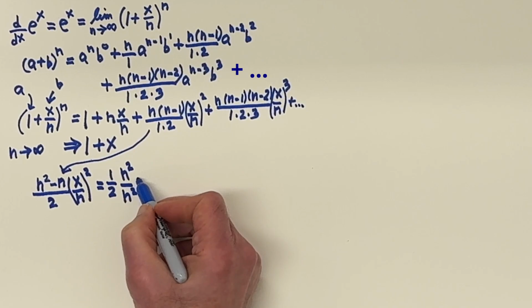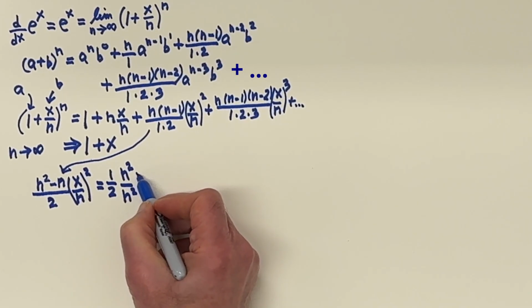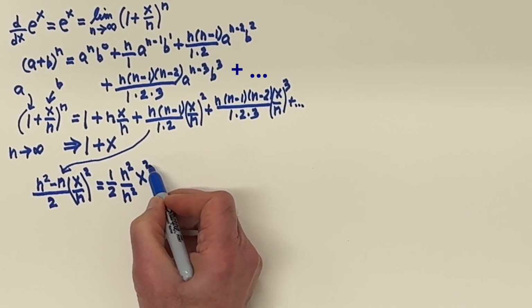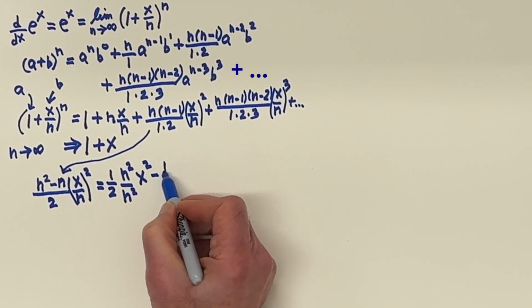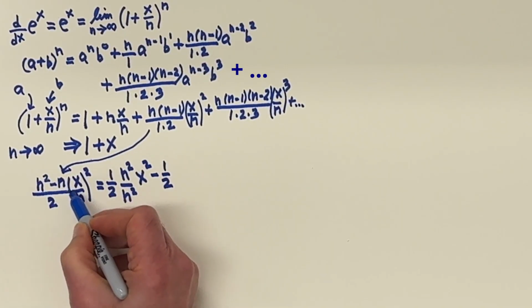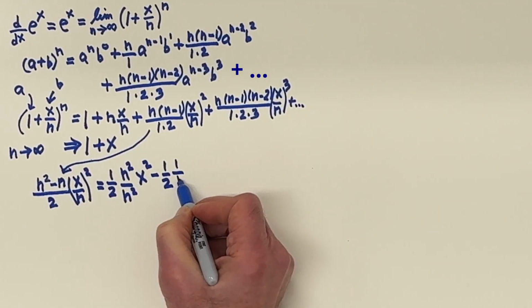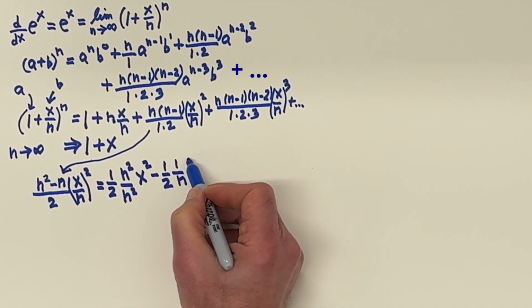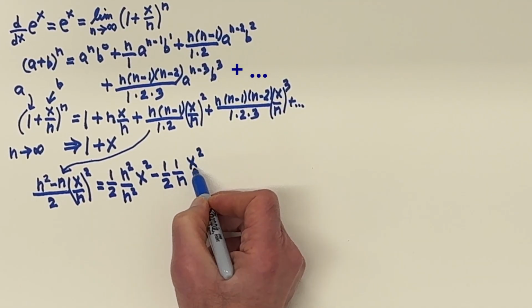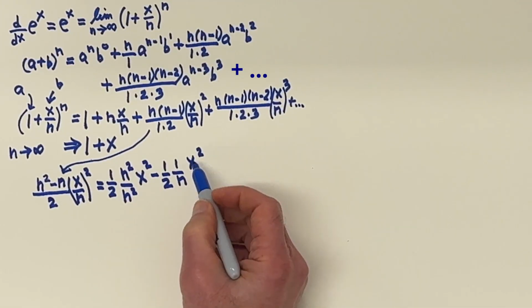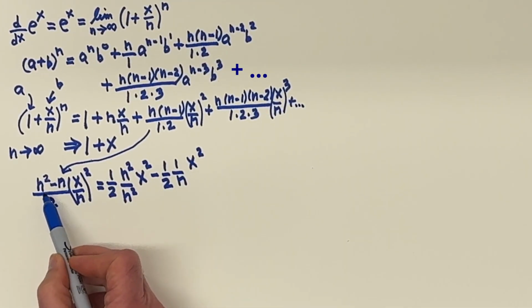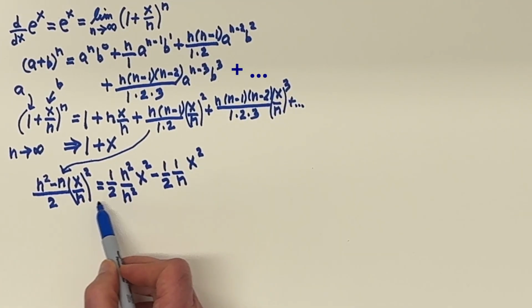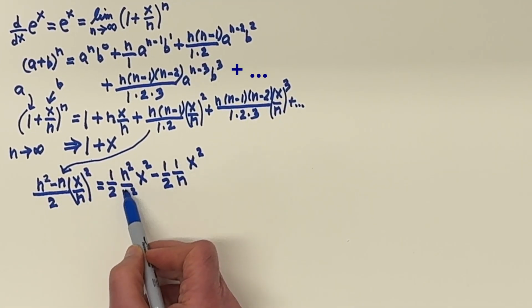And then you're going to have your x squared there. For the next term, you'll have minus 1/2 n over n squared, which will be 1 over n, and this is x squared. So let's check it: 1/2 n squared over n squared is going to cancel.